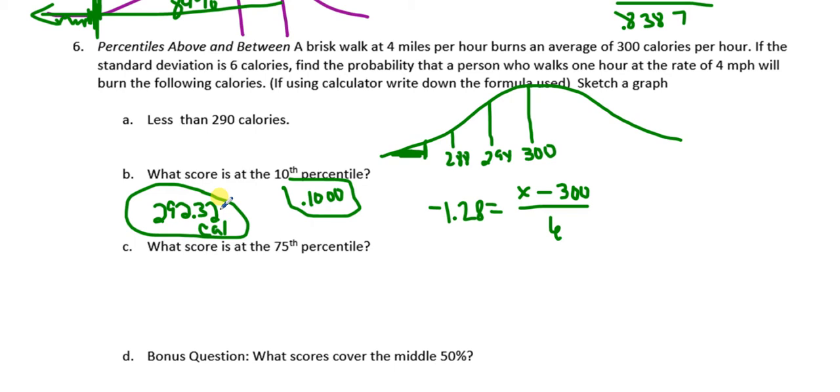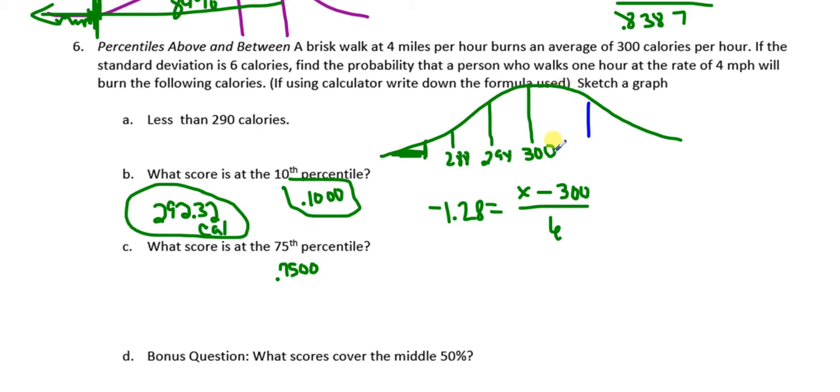Just to do one last problem that's really similar, another problem working backwards from the percentile: the 75th percentile would be the closest thing to 0.7500. Let me change colors here. I'll go blue. So the 75th percentile is probably somewhere in here.